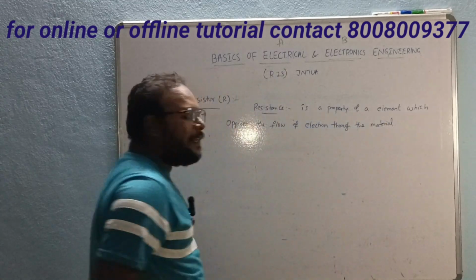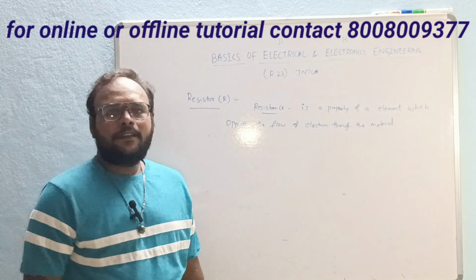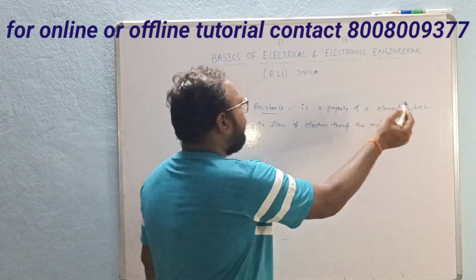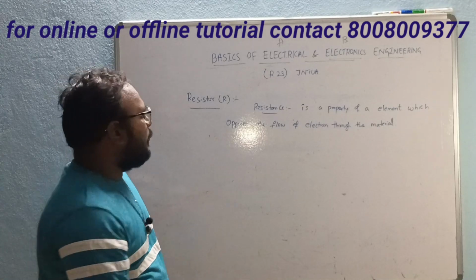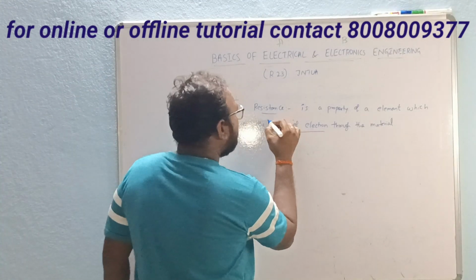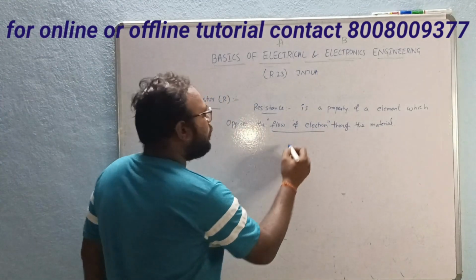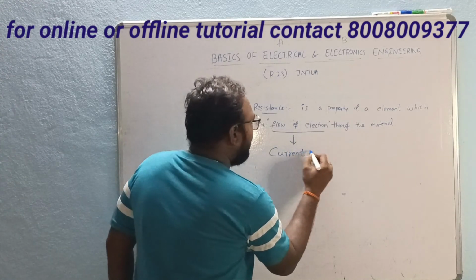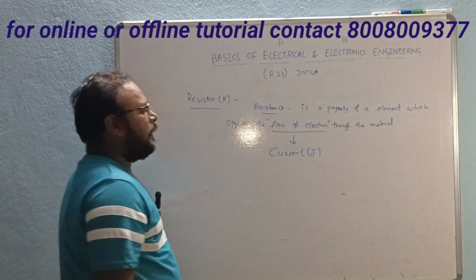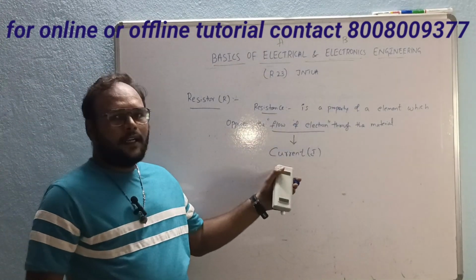So here it is clearly given that resistance is a property of an element which opposes the flow of electrons through the material. What is this flow of electrons? This flow of electrons is known as current.